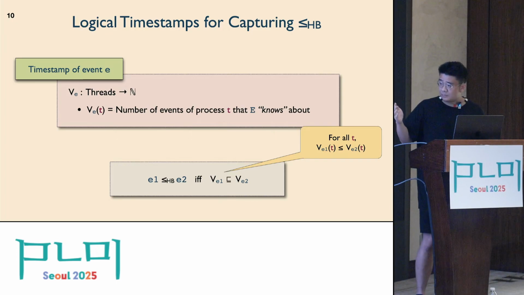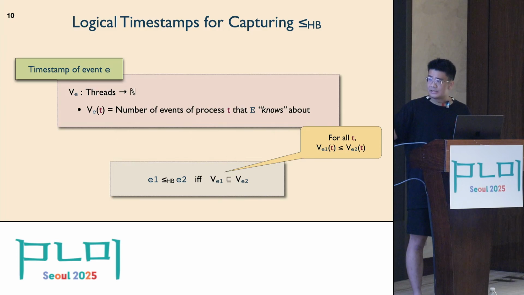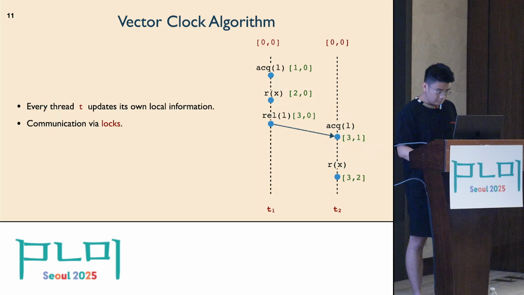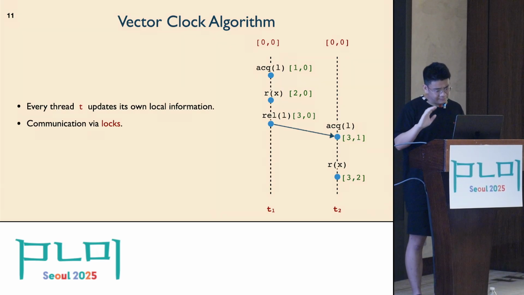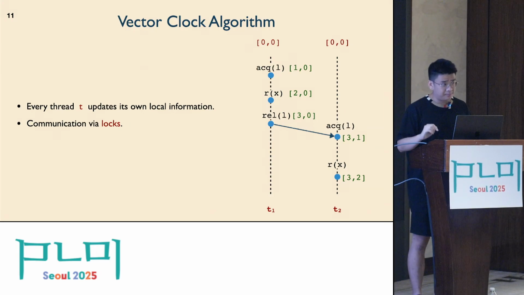And it's intuitive that this timestamp can be used to capture the happens-before relation between two events, because E1 happens before E2 if and only if every event E1 knows is also known to E2.